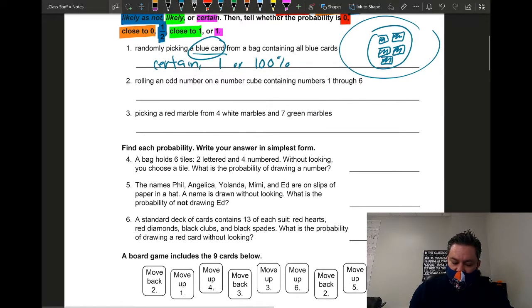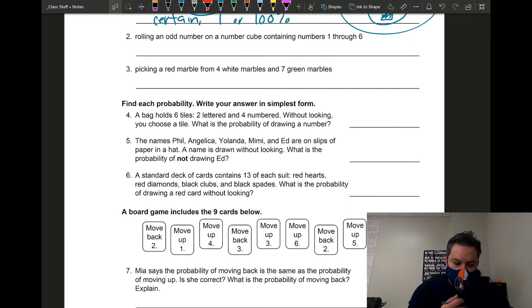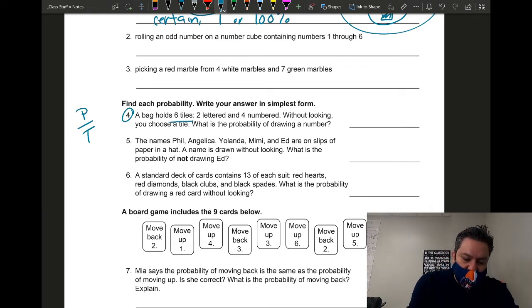Now, for number 4, 5, and 6, it says find each probability, write your answer in the simplest form. Remember, when they're asking for the answer in the simplest form, they're looking for the simplified fraction. So for number 4: a bag holds 6 tiles. Remember, this is going to be part over total. The total is what it can hold: 2 letters and 4 numbers.